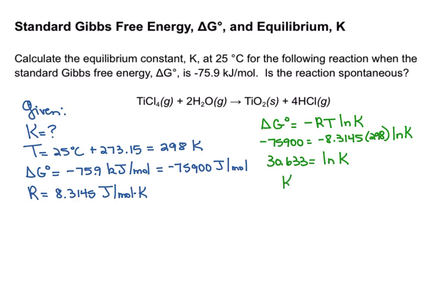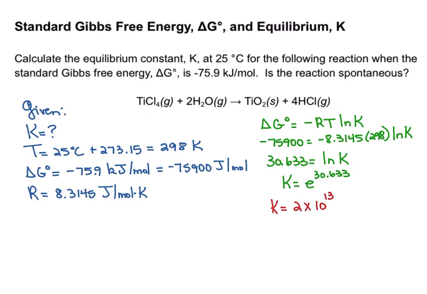And I'm going to solve for K by taking the inverse of the natural log. And my K equals 2 times 10 to the 13. So I've solved for the equilibrium constant.